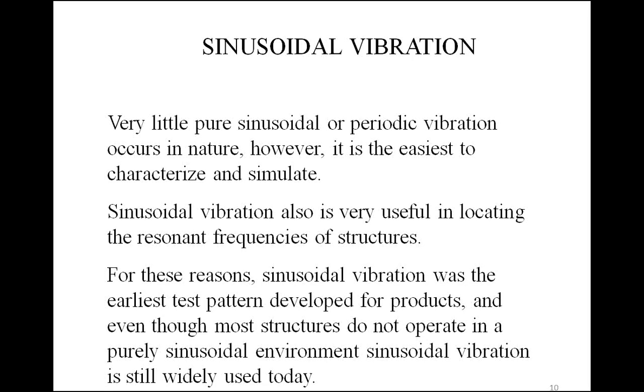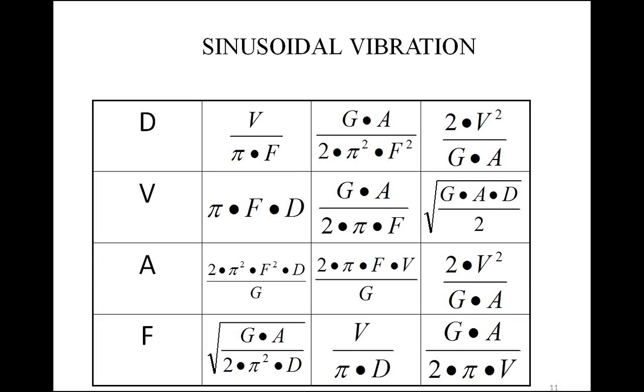That takes a recording from your product in the field, and that is the best way to simulate your field conditions. So when we look at sinusoidal vibration, we can see that there's D displacement, V velocity, A acceleration, all at one frequency. Once we have one unit, displacement, velocity, or acceleration, it is related to the others through whatever frequency you're concerned about or that you're measuring or using.